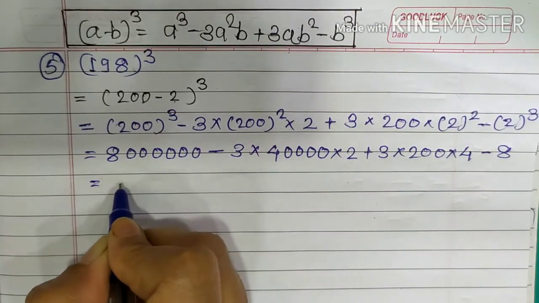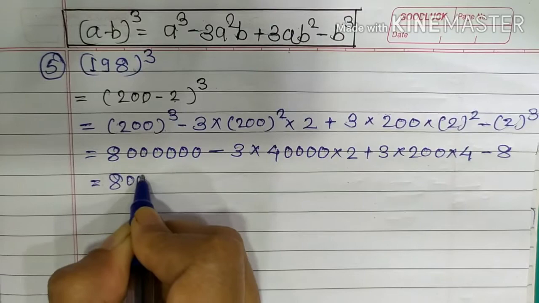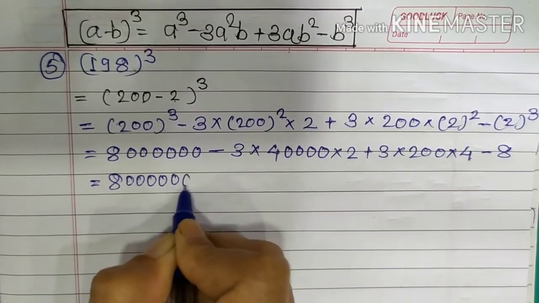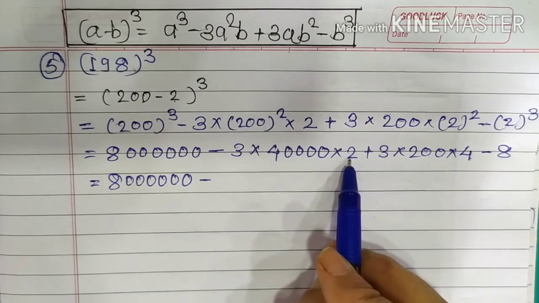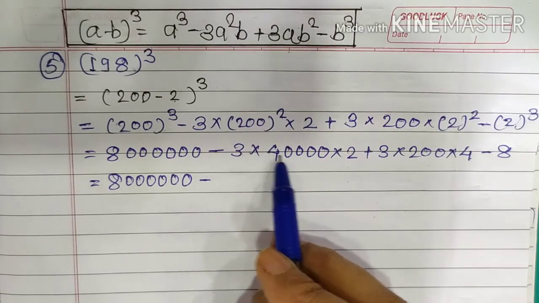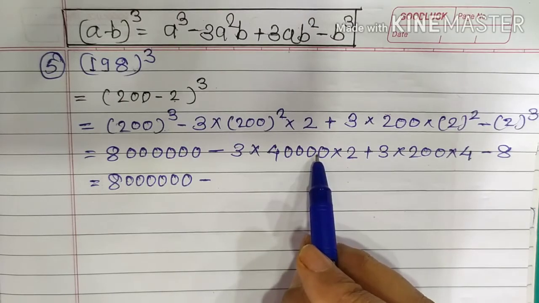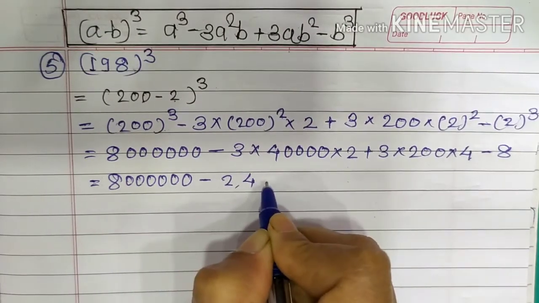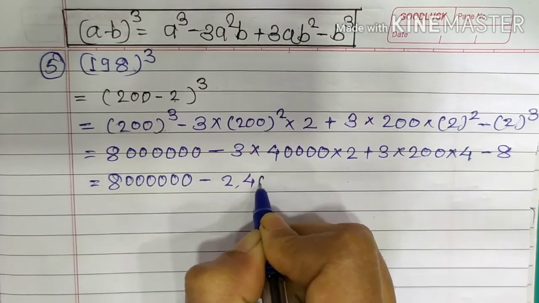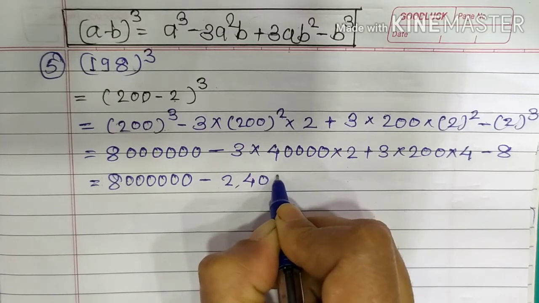Again, 80 lakh minus the multiplication of this, as it's 3 into 2, 6, and 6 into this number, that is 40,000. Hence we get here 2 lakh 40,000.